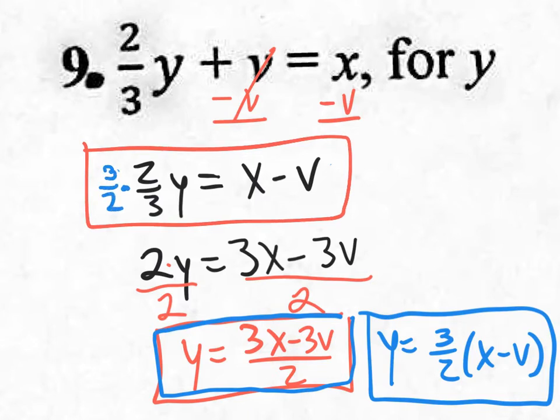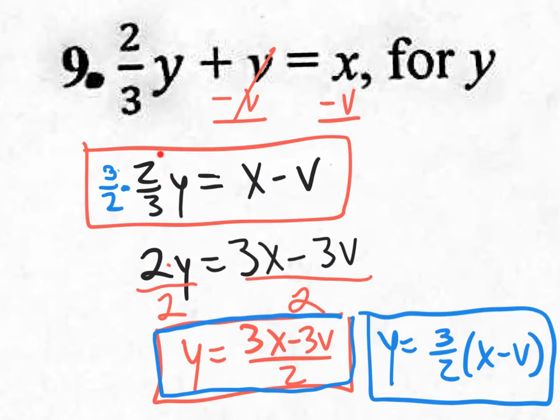Now, why would they do that? Because when you multiply by the reciprocal, it'll automatically cancel the 3 and the 2, so it'll get rid of the entire fraction, as opposed to what we did. We got rid of the fraction first, and then we got rid of the 2. The book got rid of both at once and got y by itself.